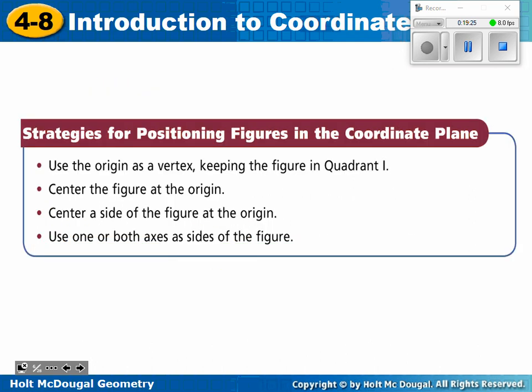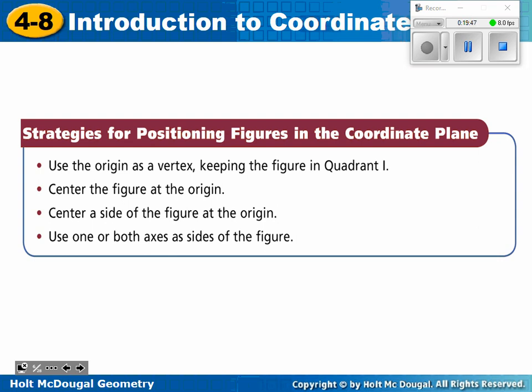There are some strategies to where you should put your shape on the coordinate plane. You don't just want to take a coordinate plane and pick anywhere to put your square or anywhere to put your triangle. And when you do the review game on Thursday, there are some questions that are going to come back to these strategies. So it's super important.